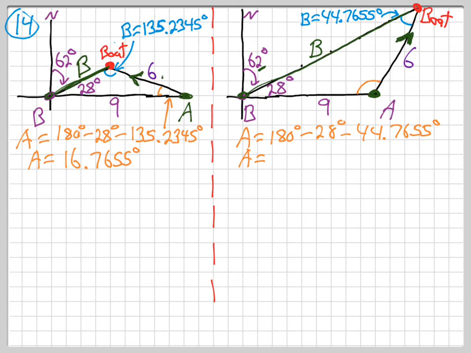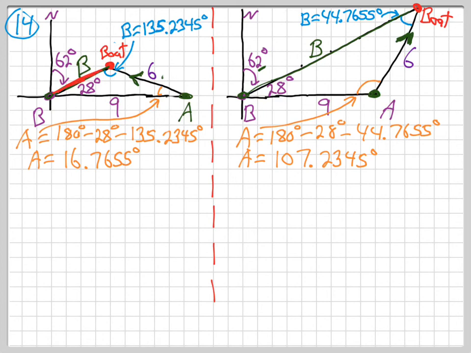Angle A has to be 107.2345 degrees. So there's two possible angle A's here that are different depending on the angle B, and now we can use that to help us finally find side B. We want to find side B here.